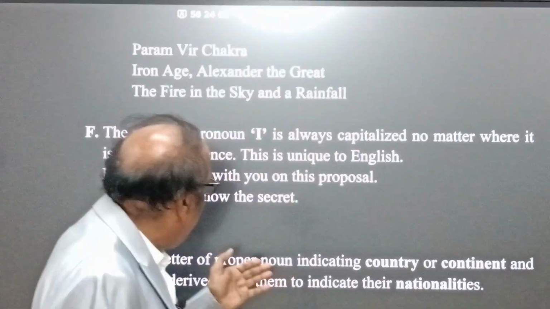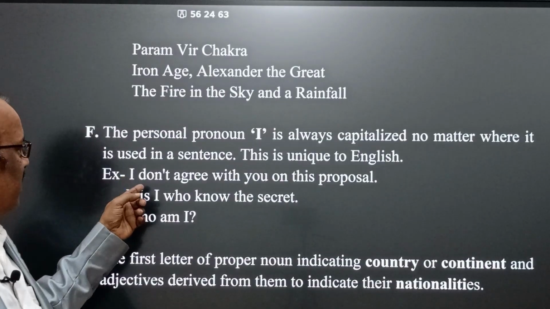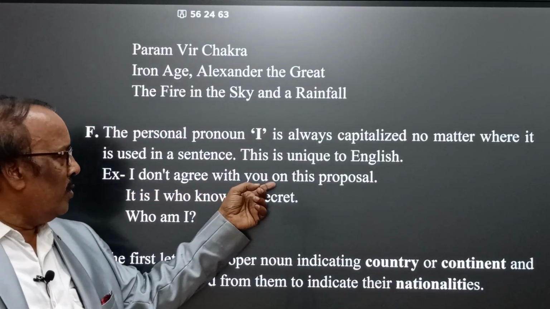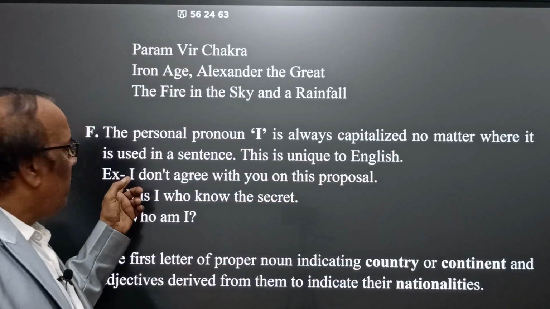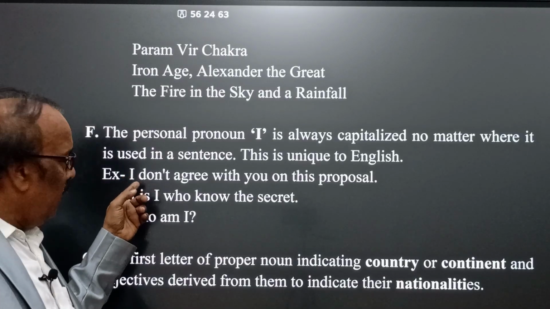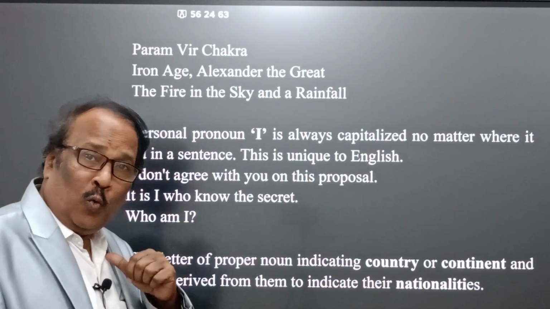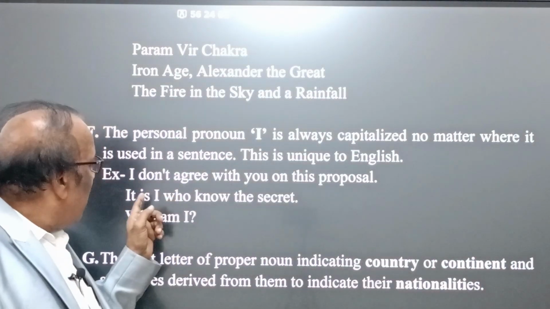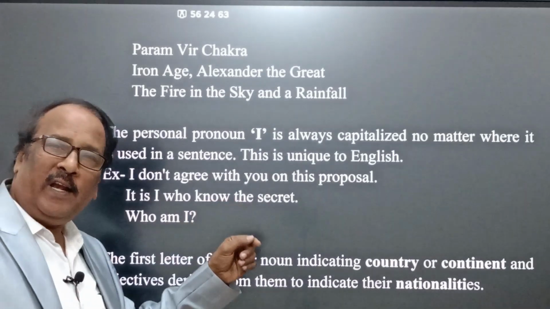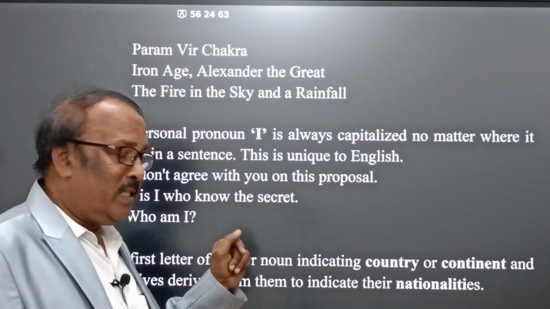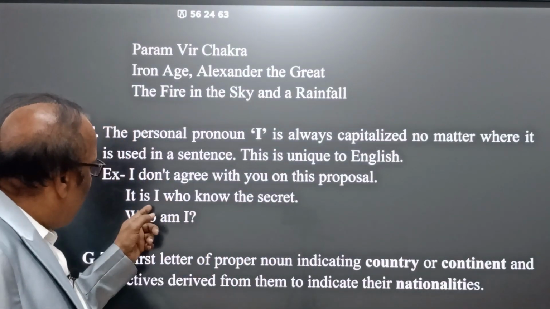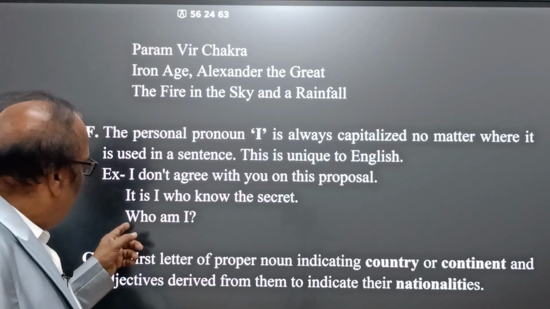Here I have given three examples. "I don't agree with you on this proposal." I is kept at the beginning, therefore capital. "It is I who know the secret." A relative pronoun is here. Who am I?